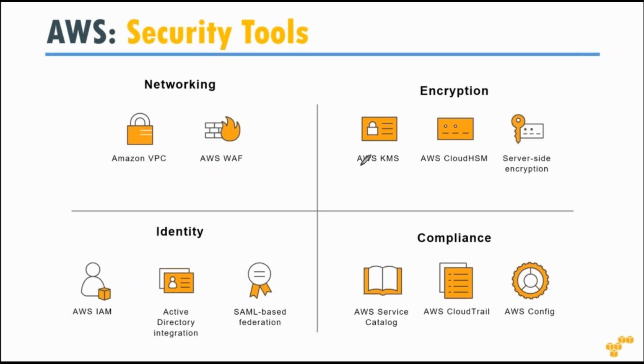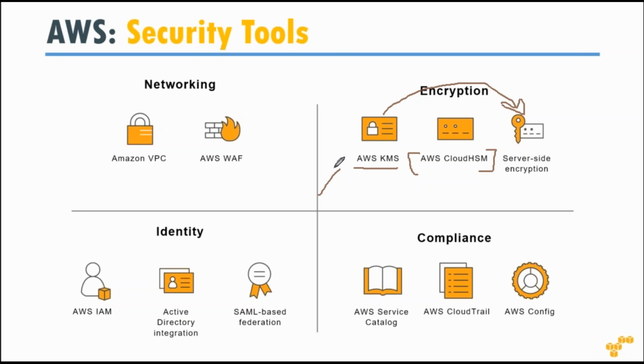And at the encryption level, you can bring your own keys or use Amazon provided keys, or you can have a hardware security module, that is CloudHSM. This is a device that will sit in the Amazon data center and encrypt all your traffic. That is also possible. Or you can combine these two, use Amazon provided keys and encrypt your traffic at a server level and then send it to your customers.